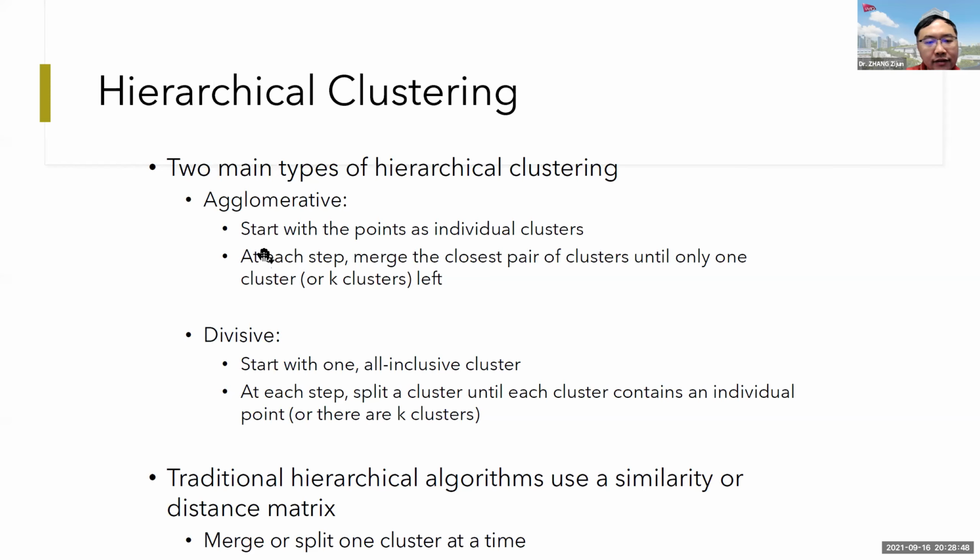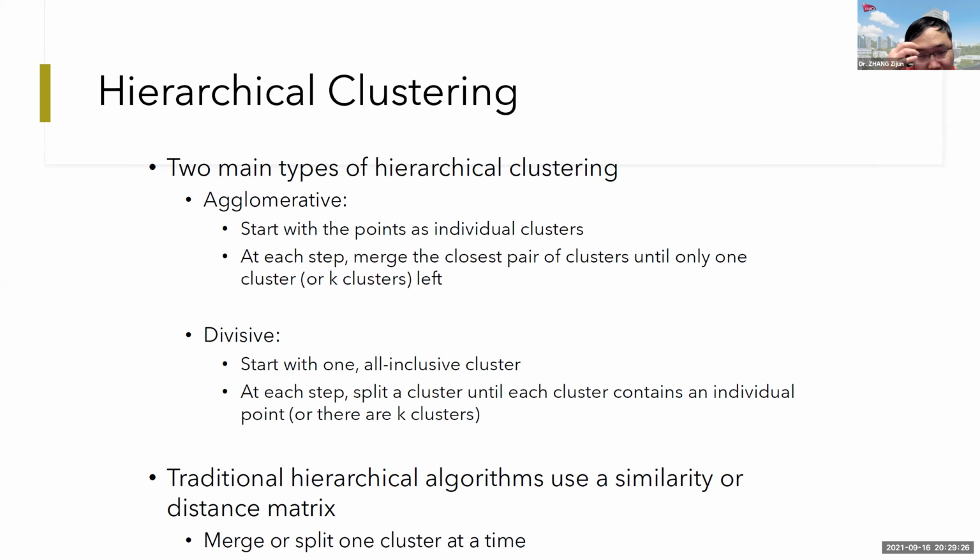The agglomerative strategy starts with the points as individual clusters, and at each step you merge the closest pair of clusters until only 1 cluster is left. Basically, you start with scattered data objects as individual clusters, and merge them until you get 1 cluster containing all the data points.